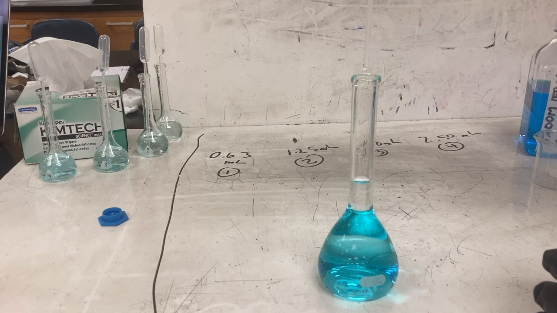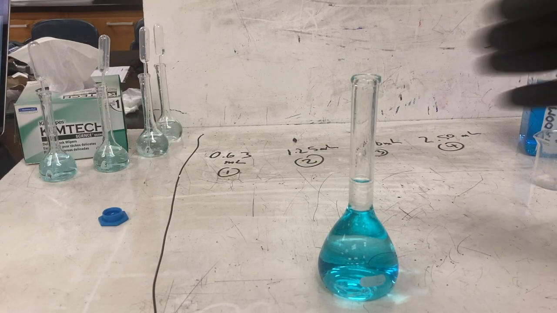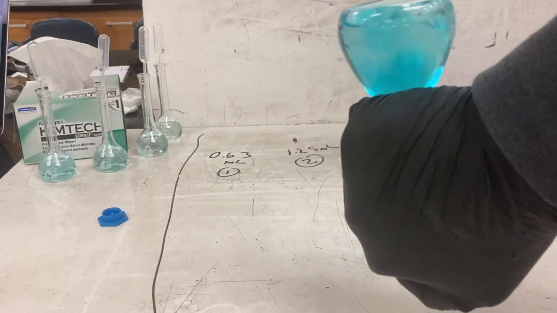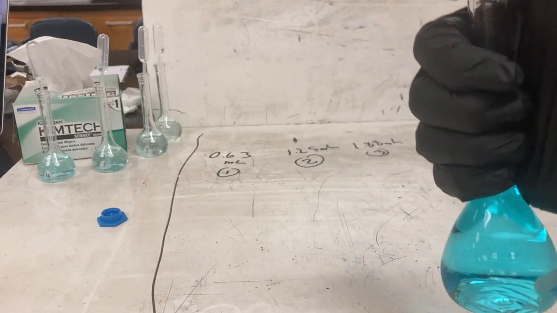And fill it as precisely as I can right up to the mark, which means I would have 100.00 milliliters of solution that I've created by this diluting process. And I'm going to invert it a bunch of times to make sure that it's mixed well.